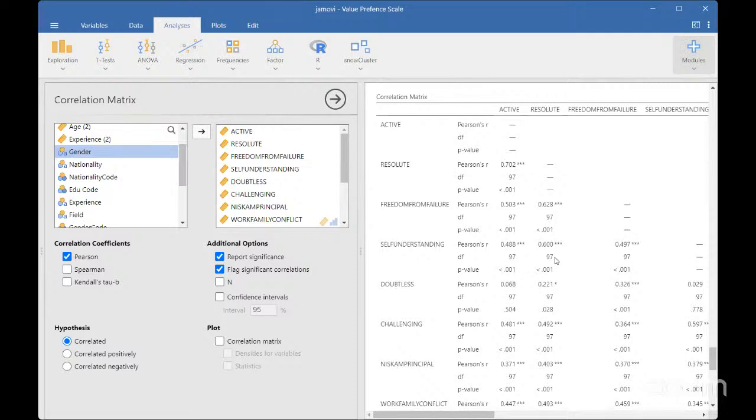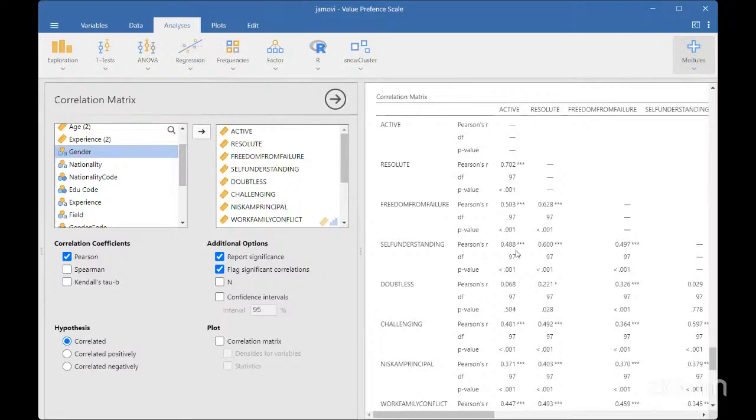So here you can find out how the value preferences are correlated with each other. For example, correlation is very high with respect to active, resolute, freedom from failure, self-understanding.